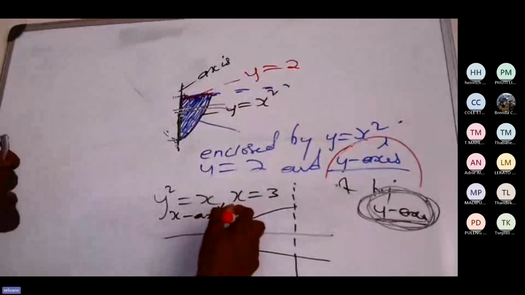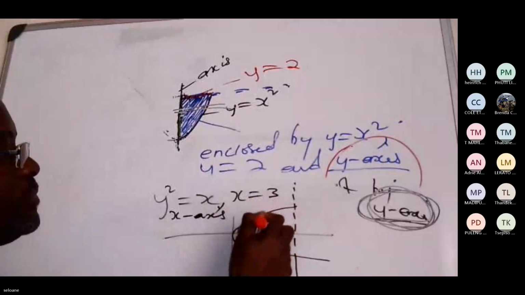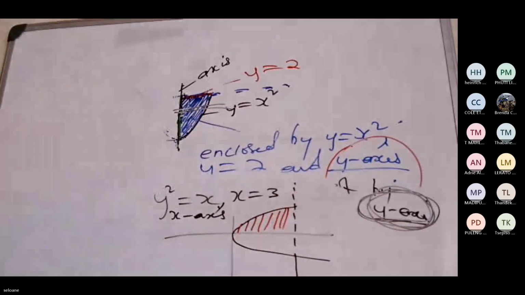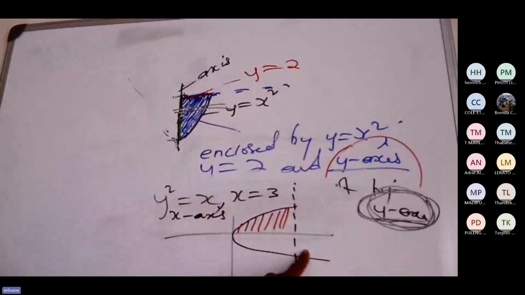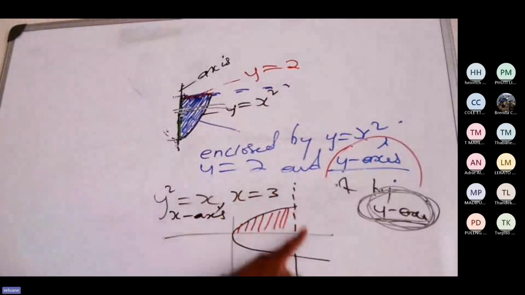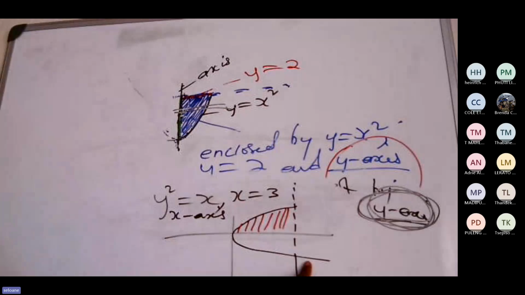We are either talking about this region or the one below. Because x equal to 3 must be one of the boundaries.